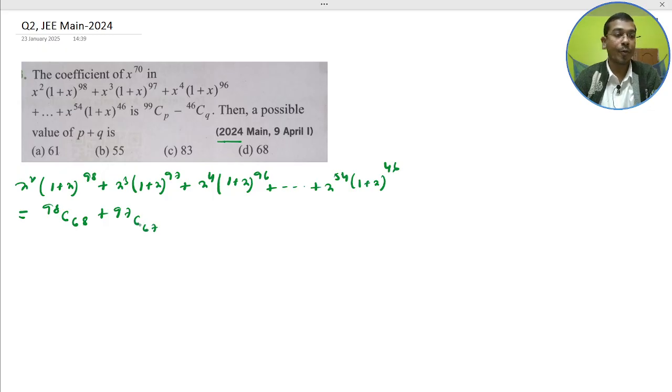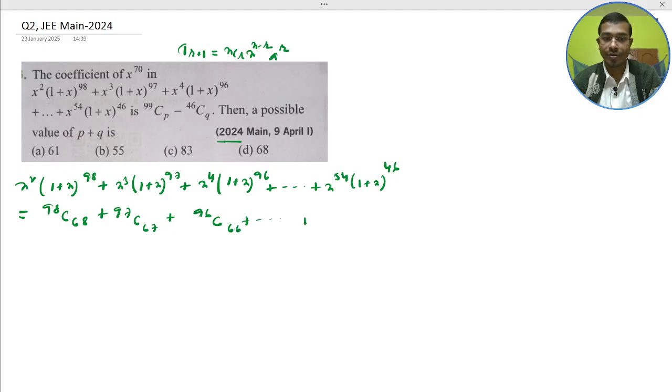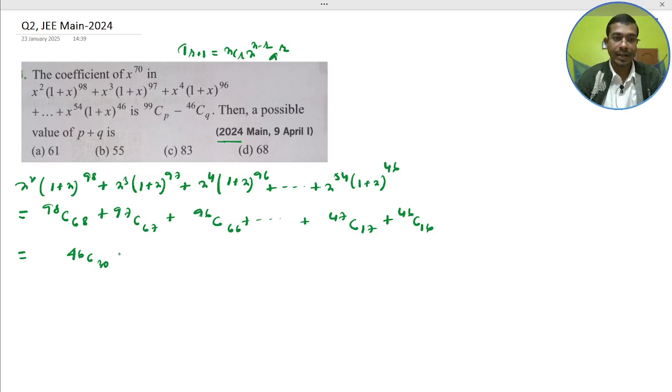By the properties, I write the general term T(r+1) = nCr x^(n−r) a^r. Next 96C66 plus dot dot dot plus 47C17 plus 46C16. So it would become 46C30 plus 47C30 plus dot dot dot plus 98C30.